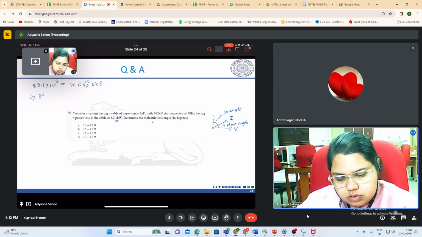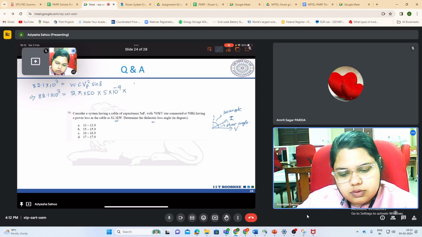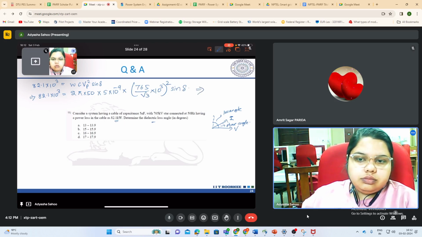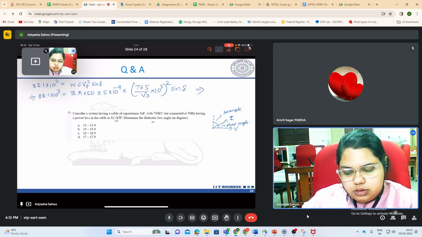So here we get 82.1, 2 pi 50, capacitance is 5 nanofarad, voltage is 765 kV, sin delta. Solving this, you get delta as 15.5 degrees.